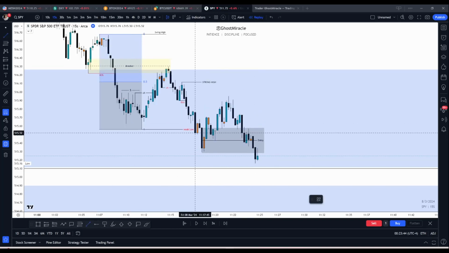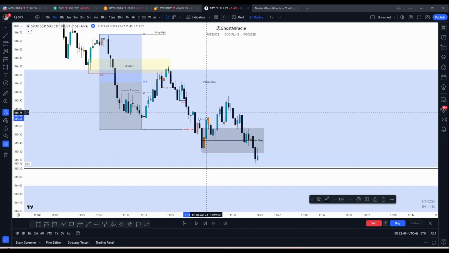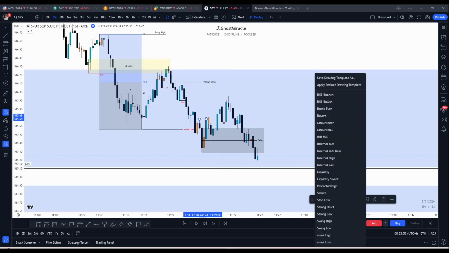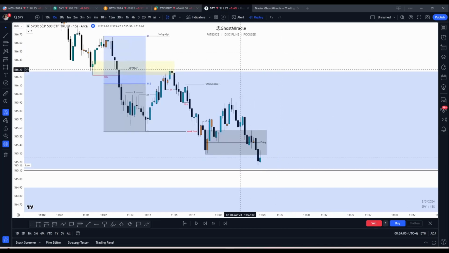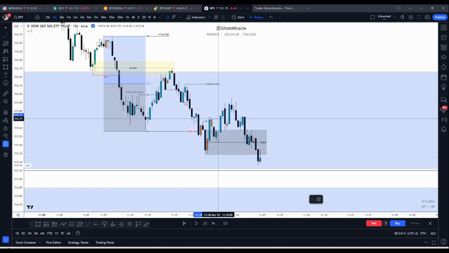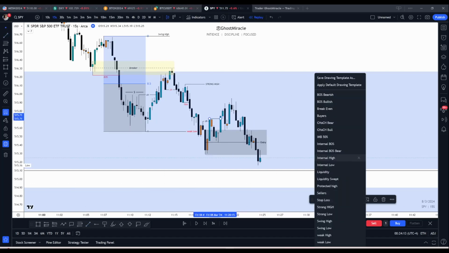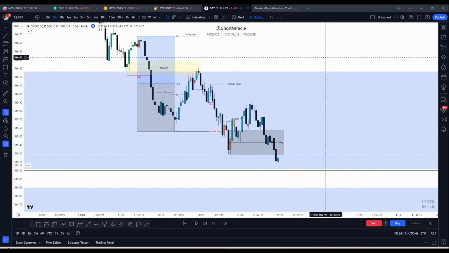But going back to what I was saying, you had your change of character, which is a clean, nice, aggressive or excessive candle to the upside, which was perfect. Nice price action there, and then it came back down into your intended zone. Nice reaction. It gave you an internal break right here.